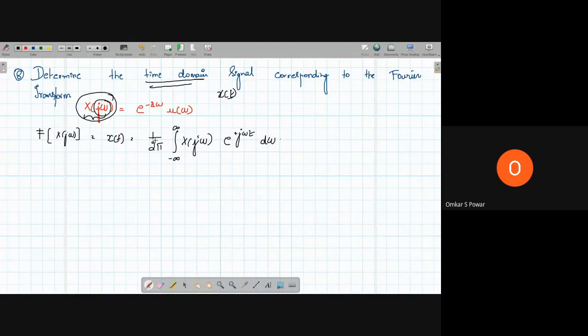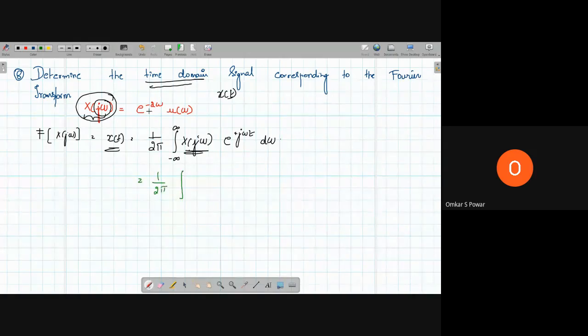So this is your inverse Fourier transform. Now we have to get this x of t by substituting this X of j omega. How can we solve this one? Substitute it. So 1 by 2 pi.